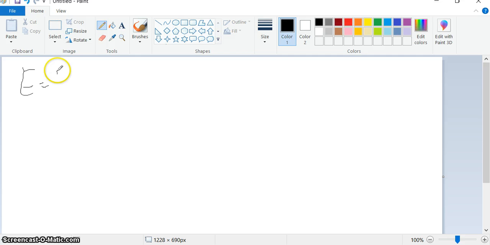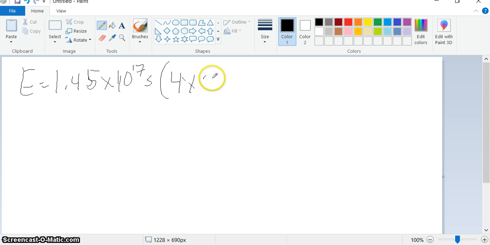So it's going to be 1.45 times 10 to the 17th seconds, which we just calculated, times the power, which is 4 times 10 to the 26th joules per second. And of course the seconds cancel, and that gives us the raw amount of energy.